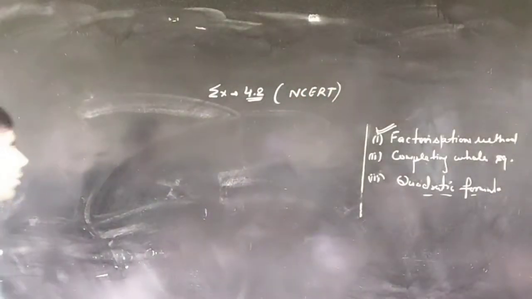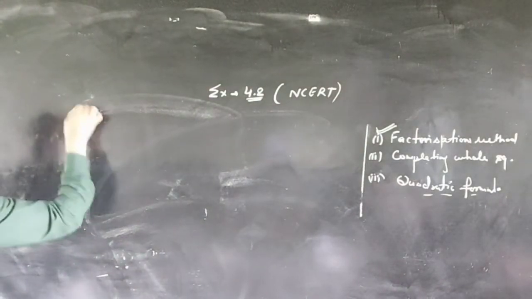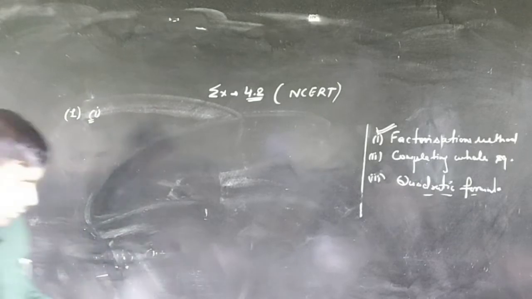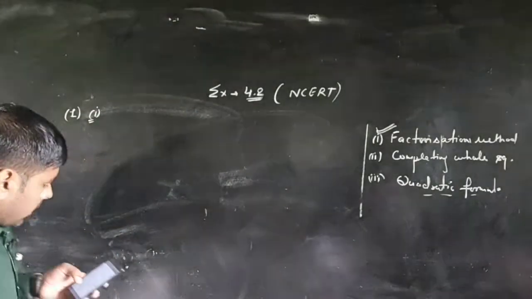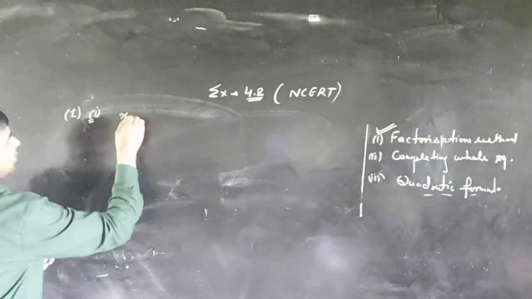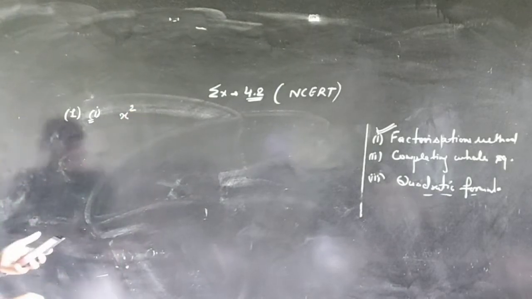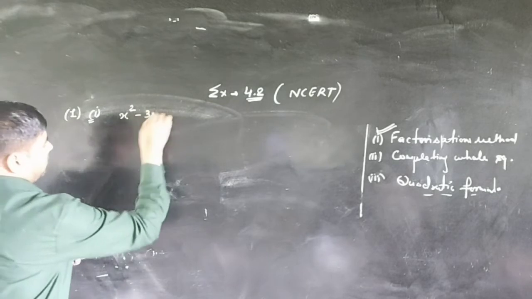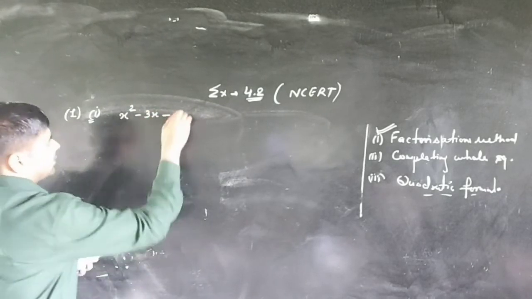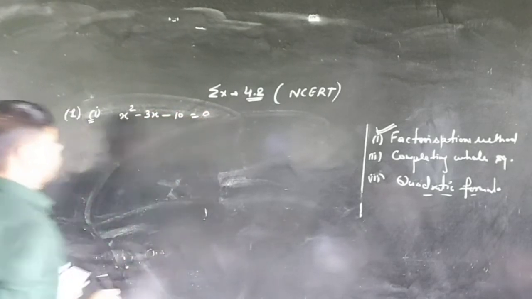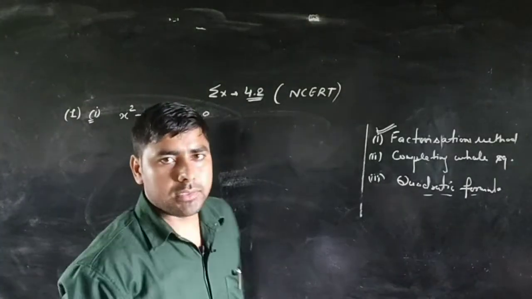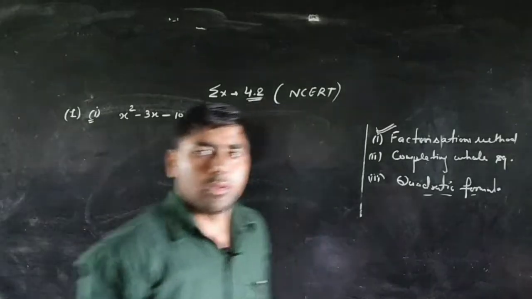Now this is the first question, first part from the NCERT book. Solve the quadratic equation by factorization method: x square minus 3x minus 10 equal to 0. This is the first part of question number 1 from exercise 4.2.